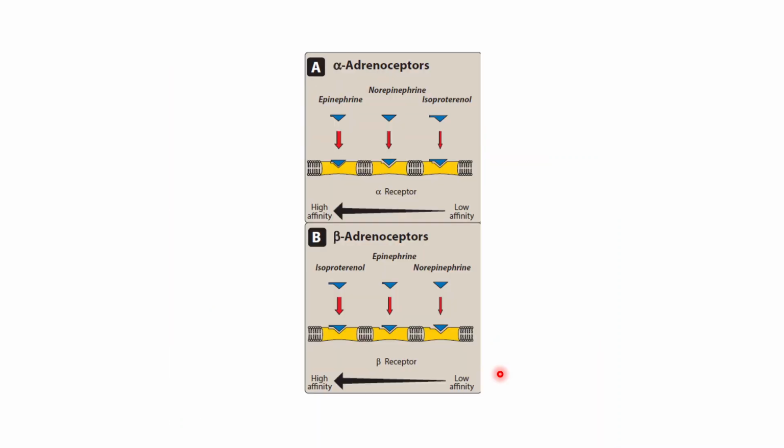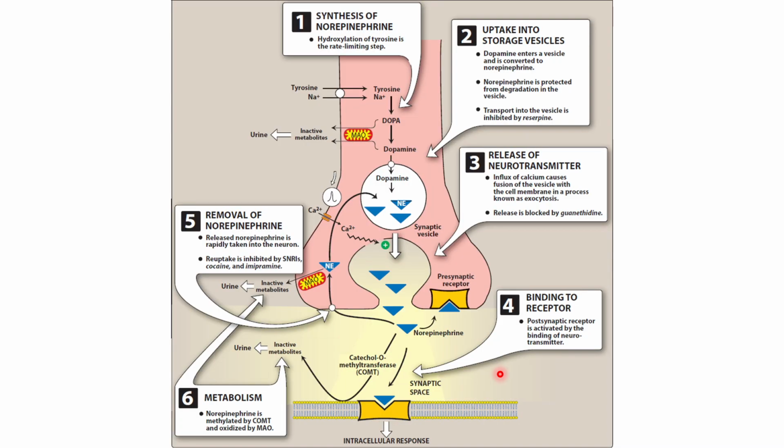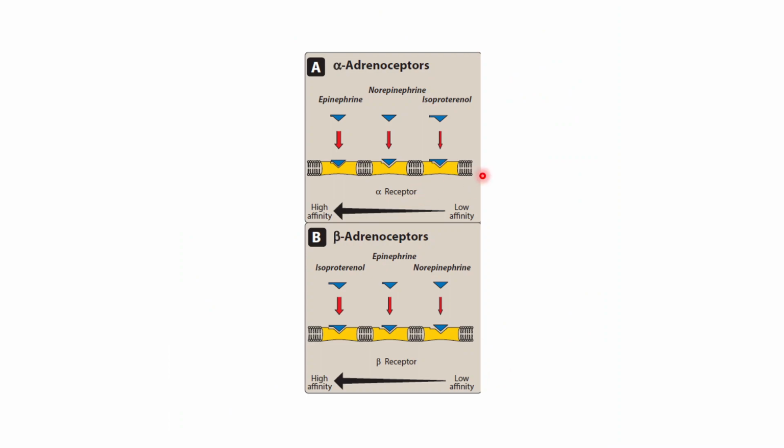Negative feedback. Yes, it's called negative feedback. Quite right. Beta adrenoreceptors are mostly located in the heart, like beta 1, but beta 2 receptors are also located in the vessels that supply blood to the skeletal muscles.